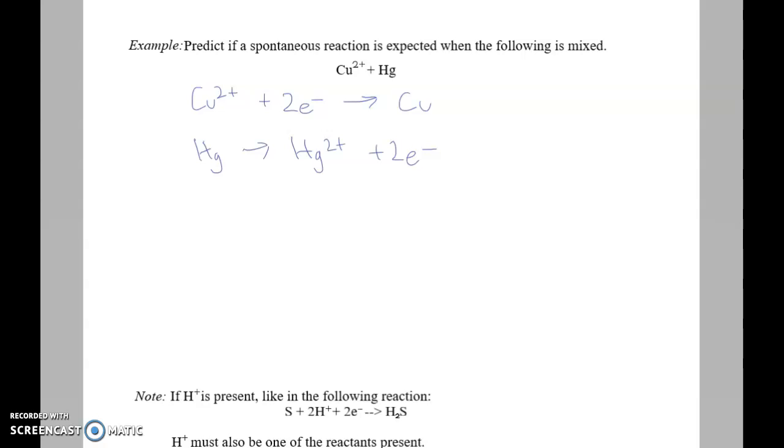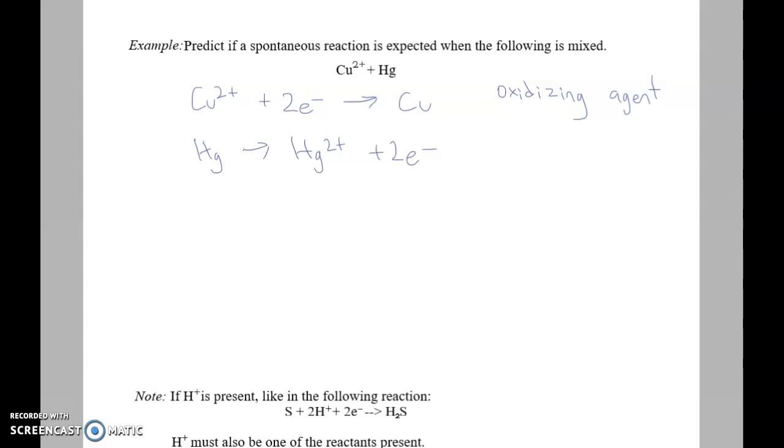So, because copper gains electrons, it undergoes reduction, which means it's the oxidizing agent. And if copper is the oxidizing agent, then mercury must be the reducing agent.